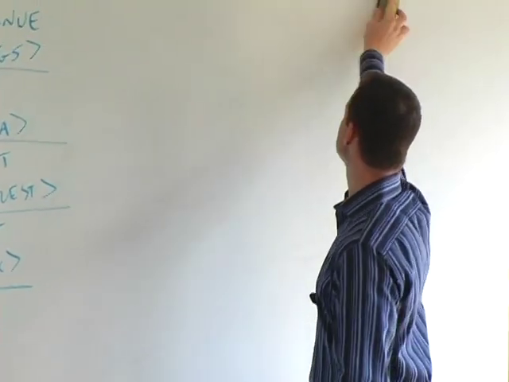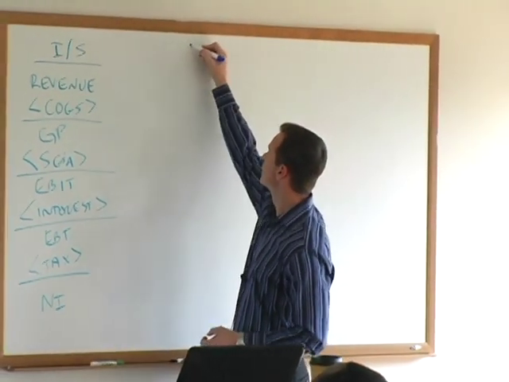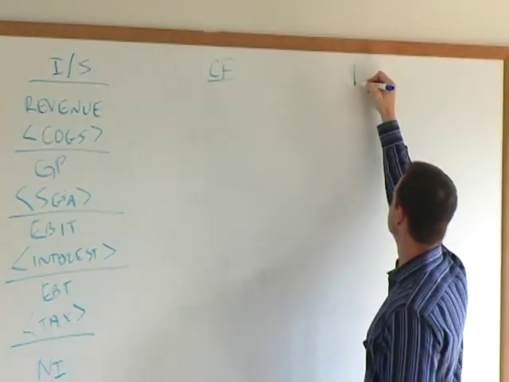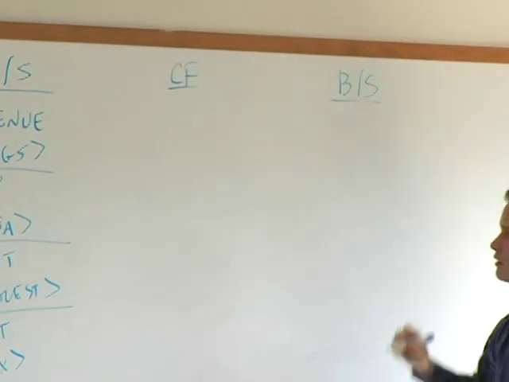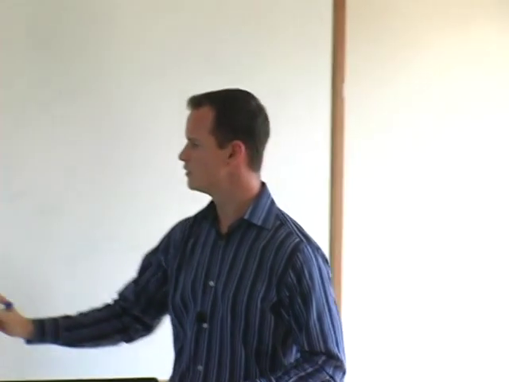Okay, actually I want to do these in reverse order. Okay, well, where do we see then net income? Where does net income go?